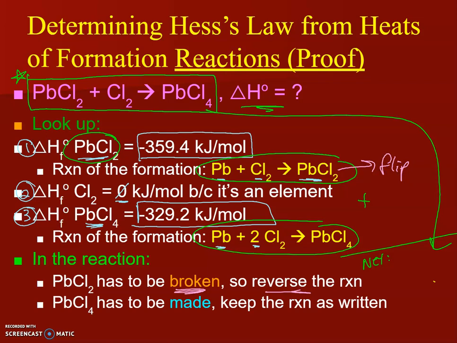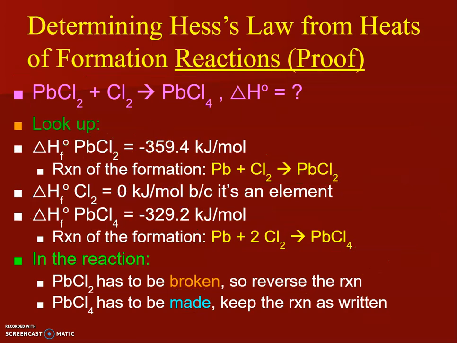Yep, like Missy Elliott says, flip it and reverse it. And I am going to make PbCl4, so I'm going to leave that one this way because it is actually forming it. So if I flip this reaction and add these reactions together, I should get the same net reaction. If I do the same thing to the values for the delta H, for your heats of formation, I should get the overall enthalpy of the reaction.